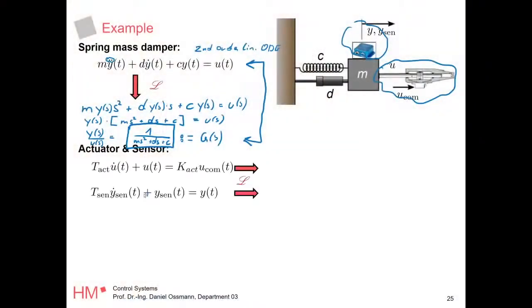So let's assume we have PT1 systems for the actuator and the sensor. So both PT1. So the actuator has as input the valve position or the current, and has as output the position of the rod U, right? So it's a PT1 system with a time constant and with a gain.